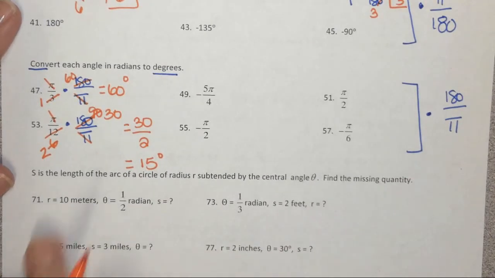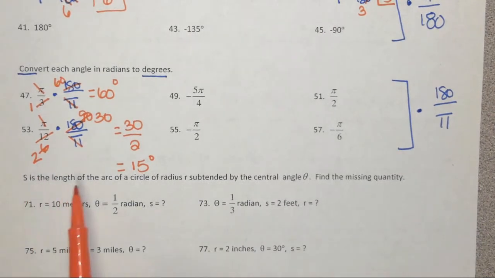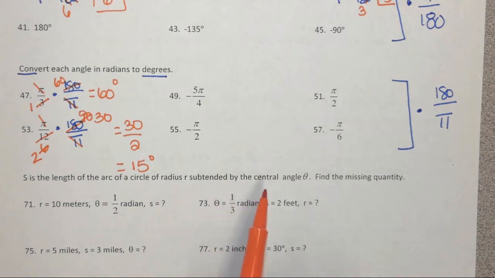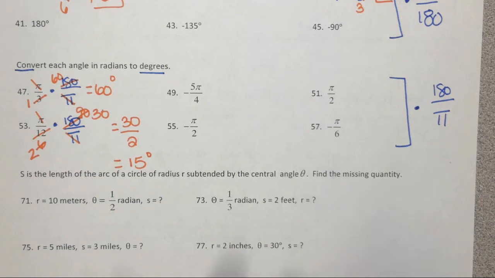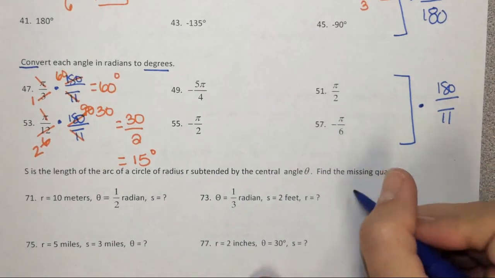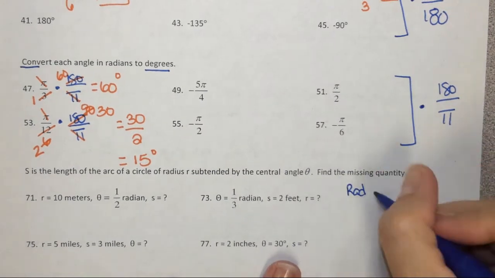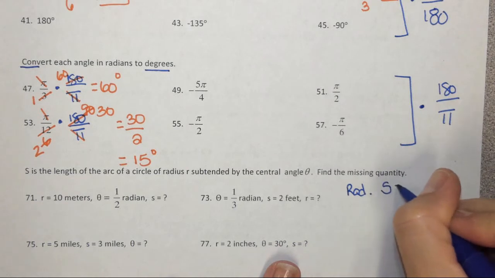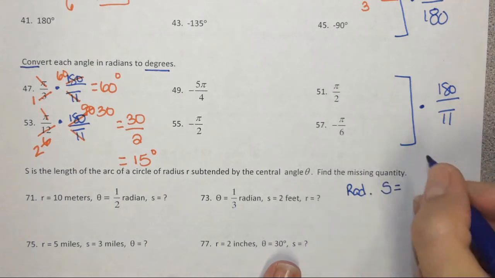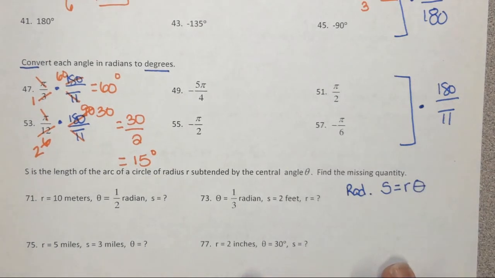At the bottom, on 71 through 77, the directions tell me that S is the length of an arc of a circle of radius r, subtended by the central angle theta. Find the missing quantity. So for each of these 4 problems, I have 2 formulas that I'm choosing from. If the problem is in radians, I'm going to use the arc length S equals the radius times my angle theta, S = rθ.